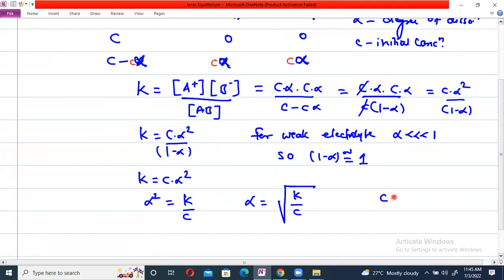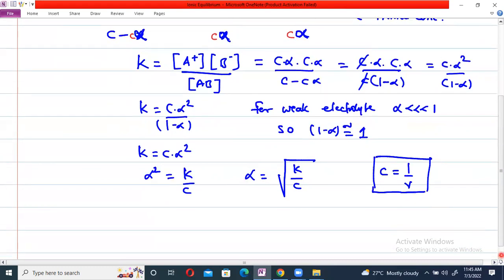C is a concentration. Concentration is equal to 1 by V. That means concentration and volume are inversely proportional.